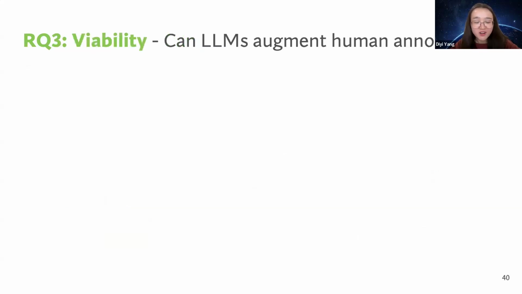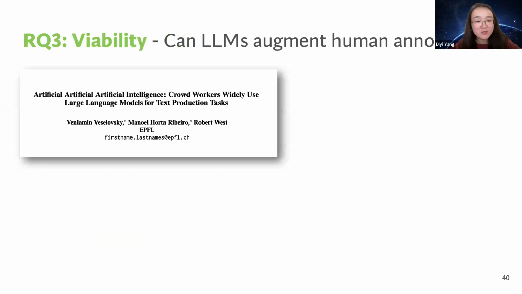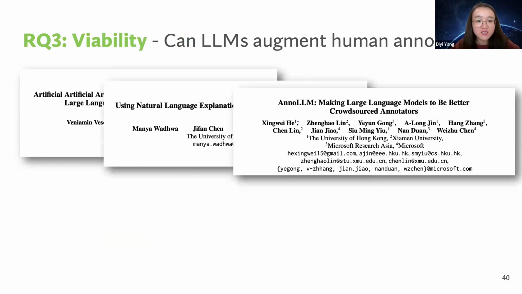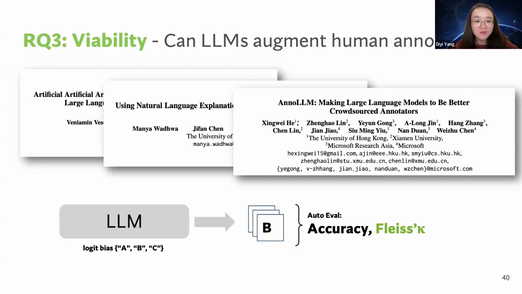There is also another very interesting framing. When GPT-3 or GPT-4 just came out, there was a lot of research talking about how we do not need the crowdsourcing platforms anymore, and that human annotators can be replaced by large language models. So the question here is, can large language models augment the human annotation pipeline?